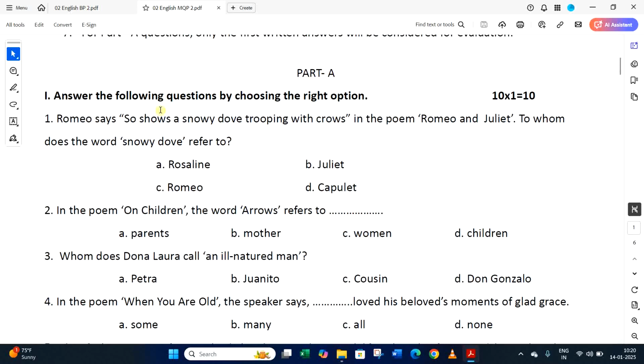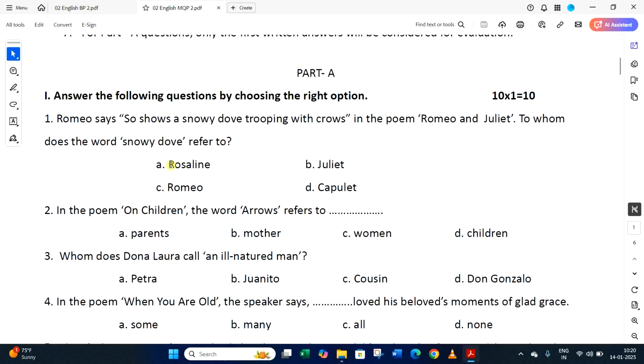So part A, as usual, I have described. Part A is all about multiple choice questions from all the units you can find over here, my dear students. One question is given and then we have 4 options below that. First question: Romeo says, so shows a snowy dove trooping with crows, in the poem Romeo and Juliet. To whom does the word snowy dove refer to?